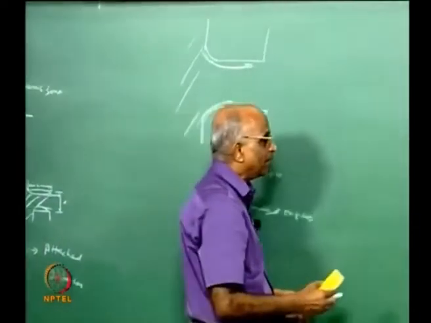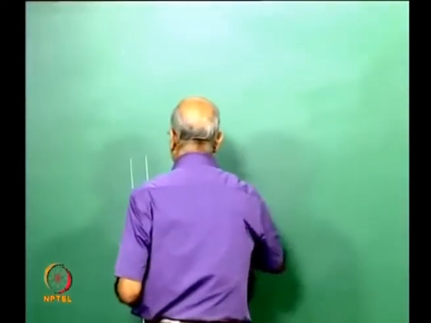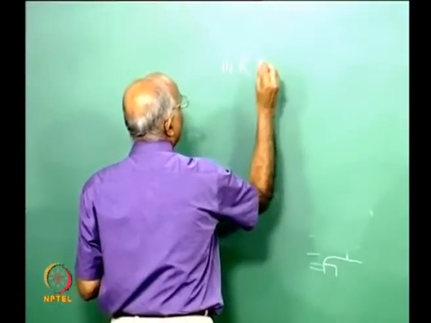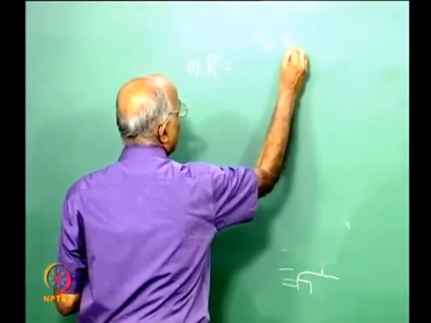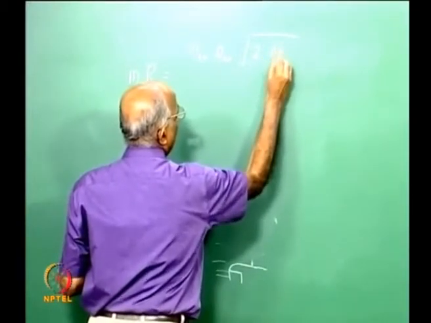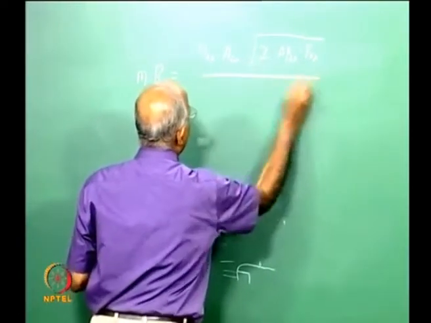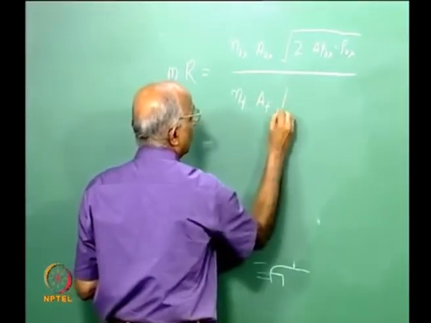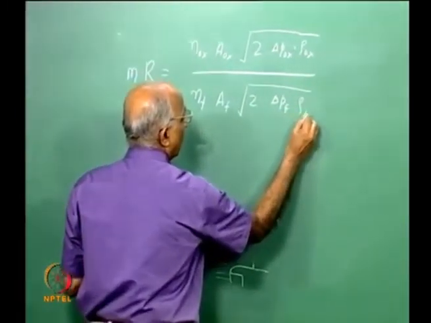How do you calculate the mixture ratio from a shower head injector, which will be the same for many types of injectors? Let us say R, the mixture ratio, is equal to the number of oxidizer orifices times the area of each oxidizer orifice times 2 times delta P across the oxidizer orifice times the density of the oxidizer, divided by the number of fuel orifices times the area of each fuel orifice times 2 times delta P across the fuel orifice times rho of the fuel.